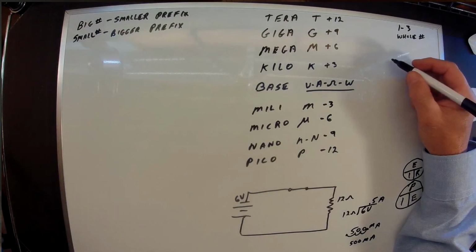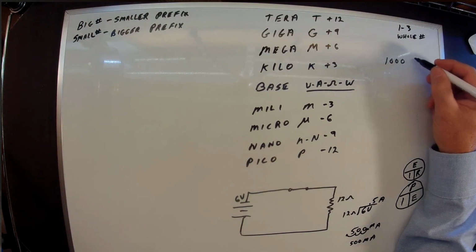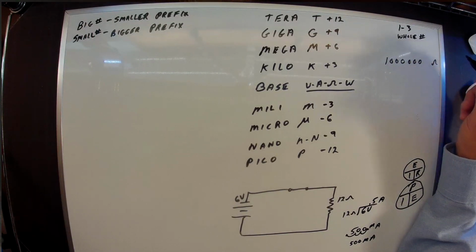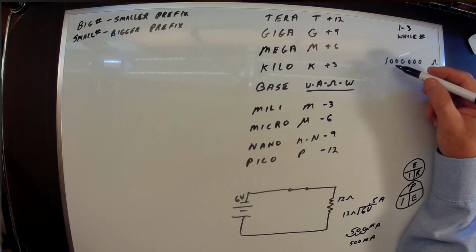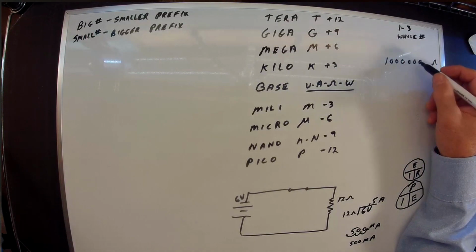So we could take some more numbers. Let's say we just had 1,000,000, 1 million ohms. So what will we change this to? We want a smaller number, so we go to a bigger prefix.